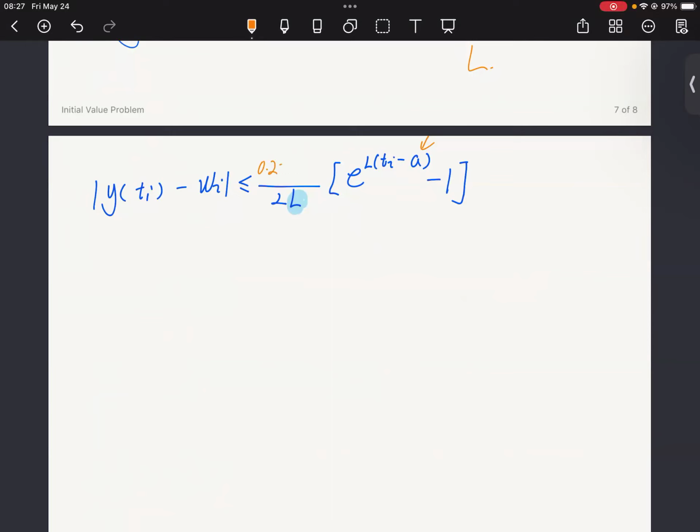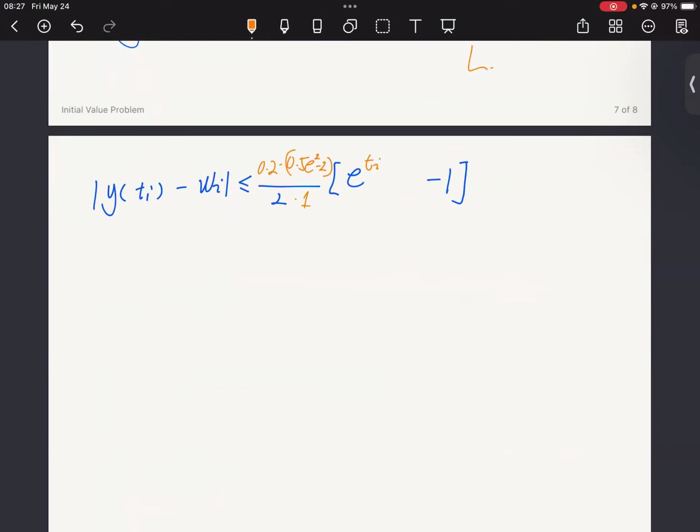For the M number, we do some copy and paste, and that is 0.5 e squared minus 2, and our L is 1. And here we have the 1 for the L, and a should be just 0. So that's the expression, and then it's the e^(L(t_i - a)) on the right hand side. And this is the bound.